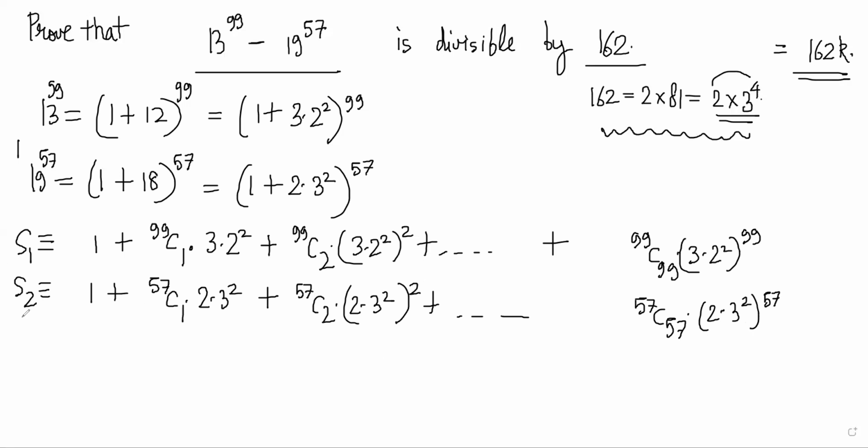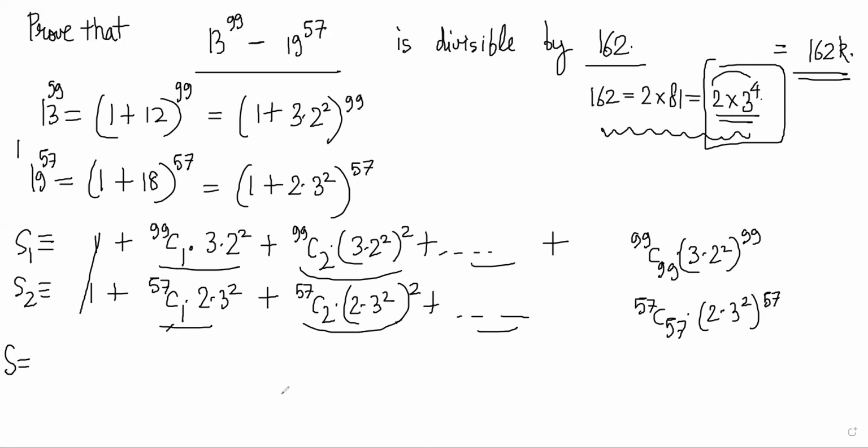Now when we do the subtraction, we have to keep in mind our target. Our target is to be able to take this part common. We have to prove divisibility by 162, which is 2 into 3 power 4, right? So think about it. Whenever you subtract, the 1s will cancel. You'll have this minus this, and further terms. Further terms will have powers of 3, 3 power 3, and 2 power at least (2 power 2) whole power 3, so 2 power 6.